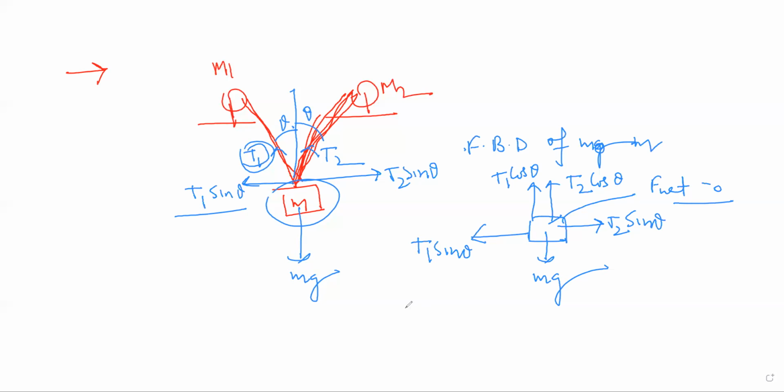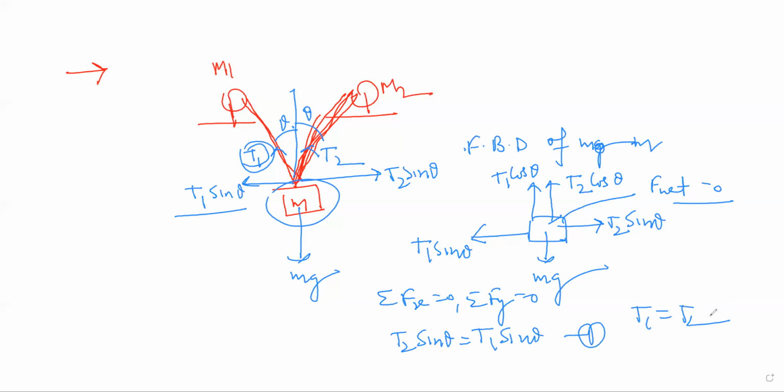Sigma Fx will be 0 and sigma Fy will also be equal to 0. So T2 sin theta will be equal to T1 sin theta, which suggests that T1 is equal to T2. In vertical direction, T1 cos theta plus T2 cos theta must be equal to mg.